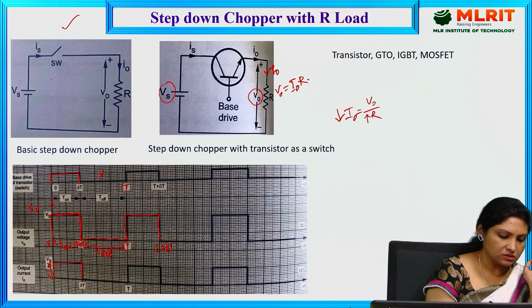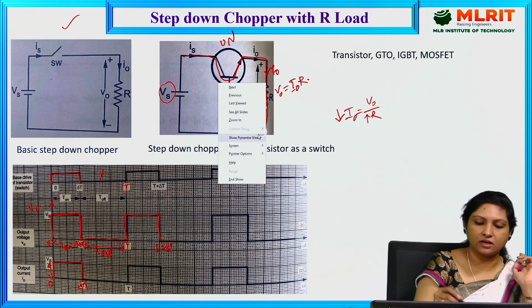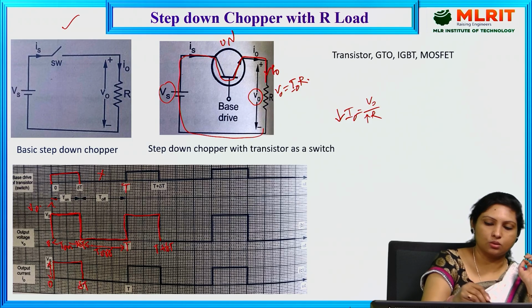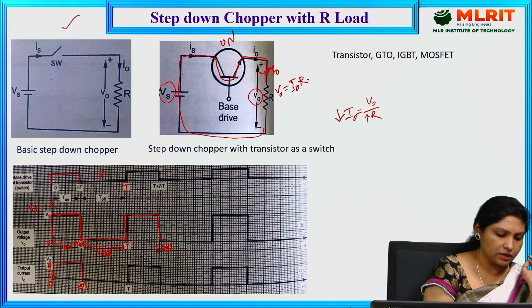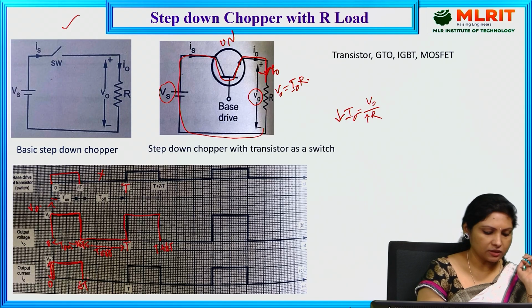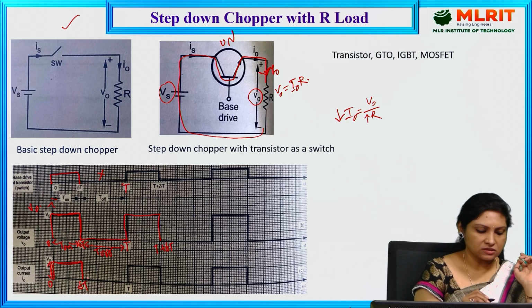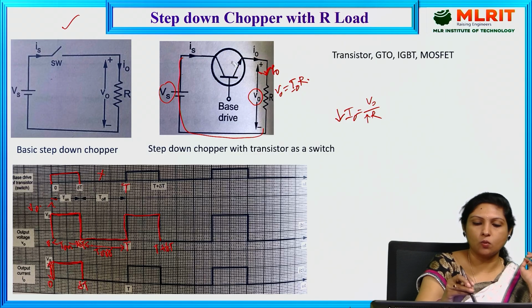And here, this is the I0 waveform from 0 to delta T. Since the transistor is turned on, when the base drive is provided, the transistor is conducting and driving the current through the load. As long as the transistor is turned on, we get the output current from 0 to delta T. The moment we withdraw the gate drive, at this particular delta T, the transistor is turned off and acts as an off switch or open circuit.